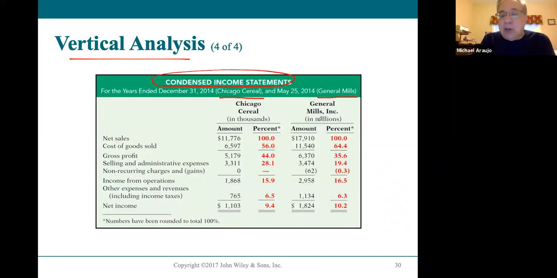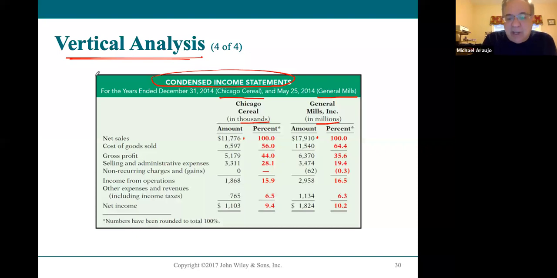So even though General Mills is a much larger company, this is in millions, Chicago Cereal is in thousands. So obviously this is $17.9 billion. This is only 11,776,000. Big difference in that. But when you break it down in percentages through vertical analysis, you can actually see how they're doing, if they're competitive or not. And so that's what this does here.